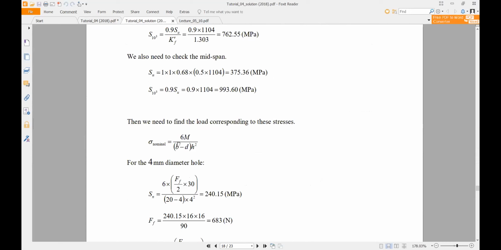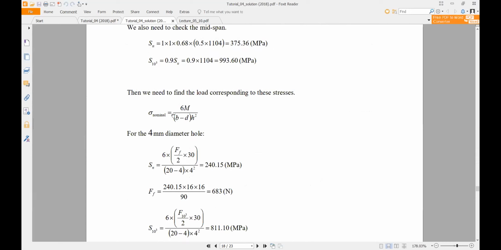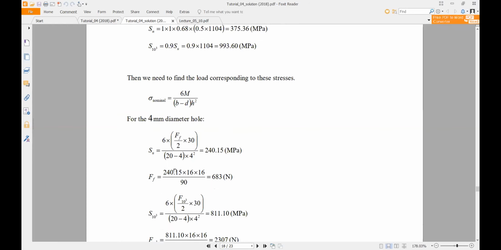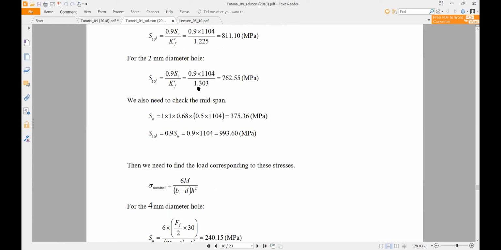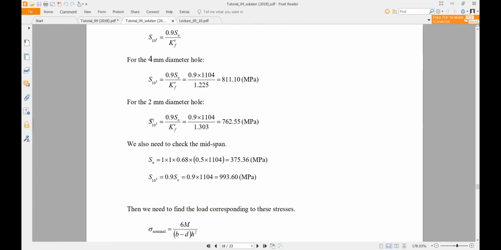And then using that equation, you can find out the equations for the F. Then you can get the endurance limit load value using the 10 to the power 6 cycles value for each point.